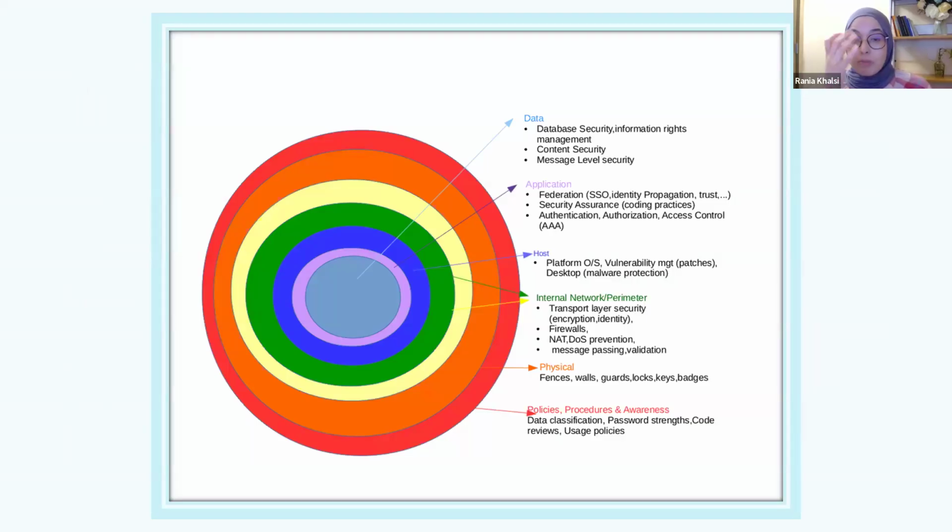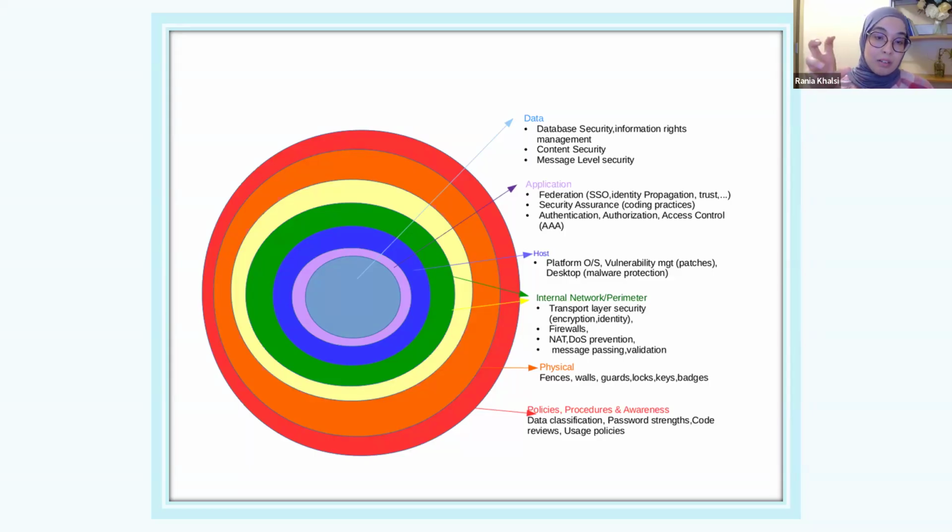Now, this diagram is the classic way to visualize the principle of defense in depth. Instead of relying on a single security mechanism, security is implemented here in multiple layers, each protecting the system in a different way. We see the different colors of the layers.